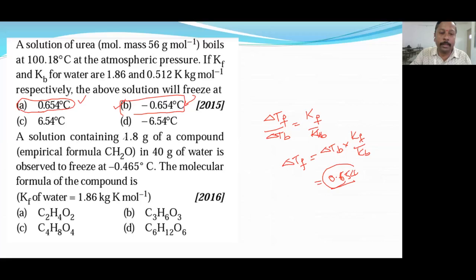Next, a solution containing 1.8 gram of a compound with an empirical formula in 40 gram of water freezes at a given temperature. What is the molecular formula? Simply you have to find the molecular mass, then find the n factor, then multiply with that, and you will get the molecular formula.